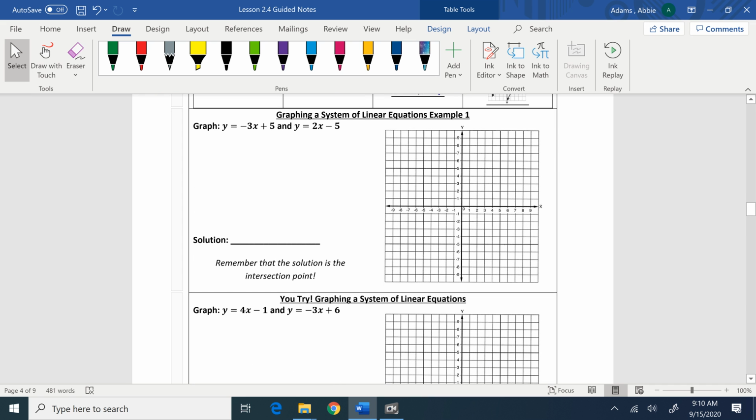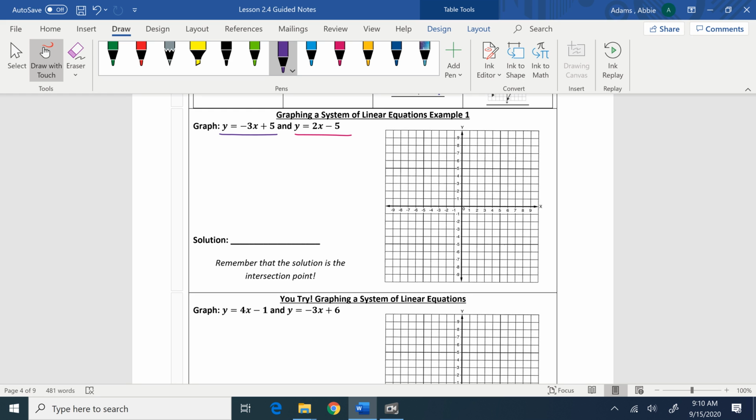In this case it says graph y equals negative 3x plus 5 and y equals 2x minus 5. I'm going to color code it a little bit. I'll do the first one in purple and the second one in this pretty pink color. So I've got y equals negative 3x plus 5. That's going to be the first line I look at. Let's define some things here.